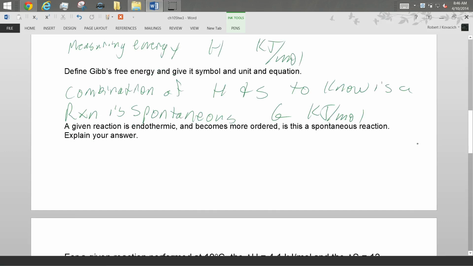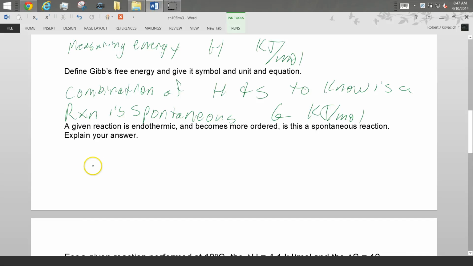So what does endothermic mean? Thermic obviously has something to do with heat, but what about endo? Yeah, so we have an endoskeleton, a skeleton that's inside of us, and an ant has an exoskeleton. So we're saying that this reaction is bringing heat into it, and it's becoming more ordered. Is this spontaneous? No, it's completely opposite of what spontaneous could be.